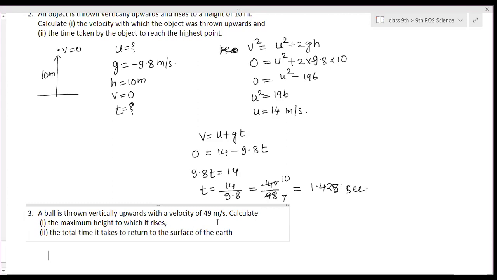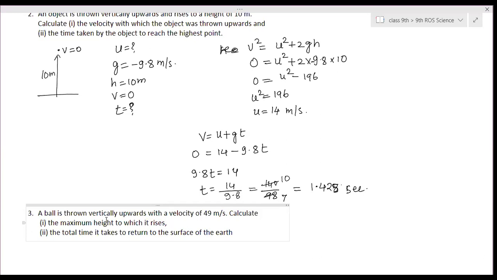U is equal to 49 meter per second. Maximum height when it reaches, that means V will be 0. U is 49, V is 0. And G will be, it is moving upward, so G is minus 9.8. So find out H and time.